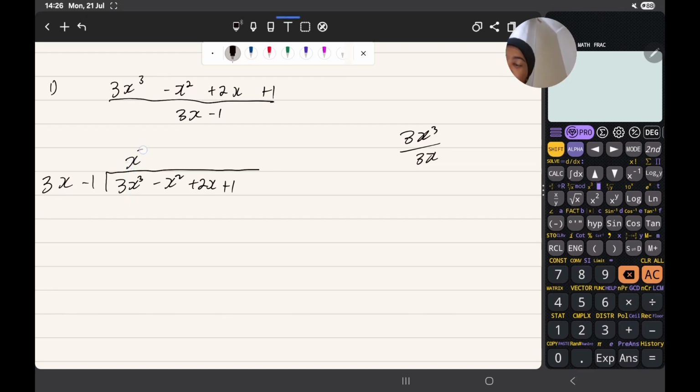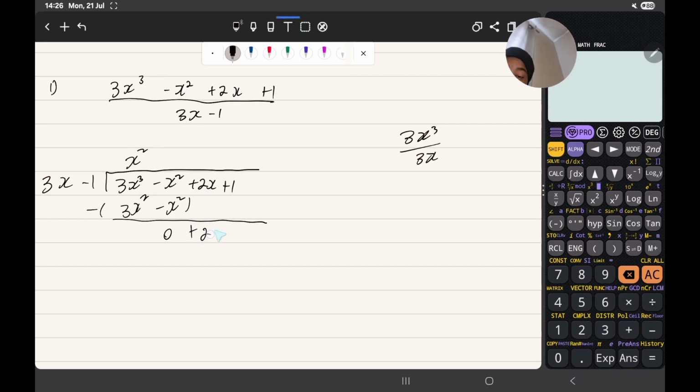So we go, you have x squared. You multiply 3x by x squared, and then you subtract. You're going to get 0, both sides 0, so I'll just write 0.